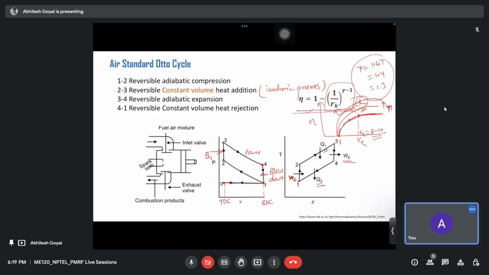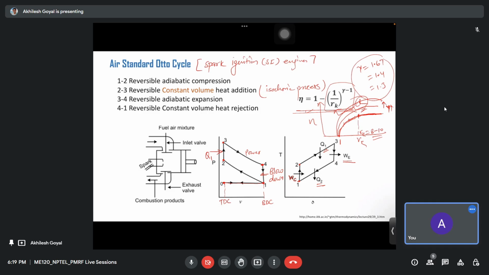But here our main concern is the compression ratio. The efficiency varies with the compression ratio. Higher the compression ratio, higher is the efficiency. Similarly, this is the air standard Otto cycle that works for spark ignition engines, SI engines.